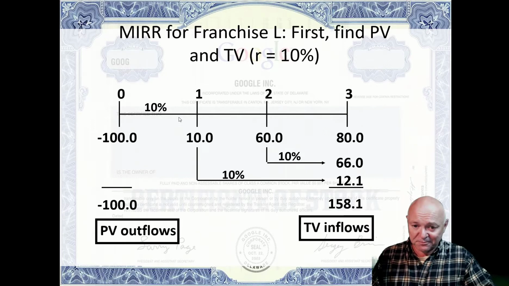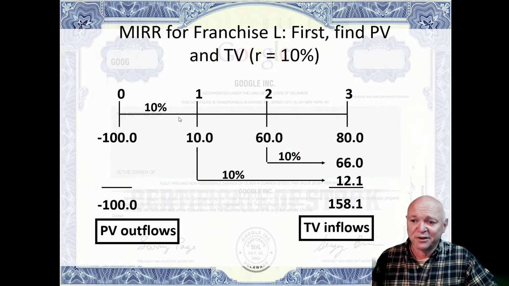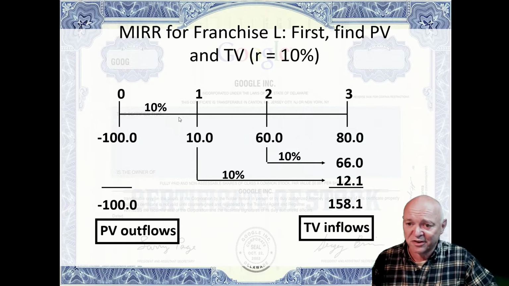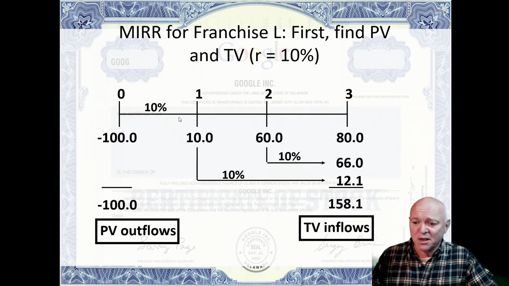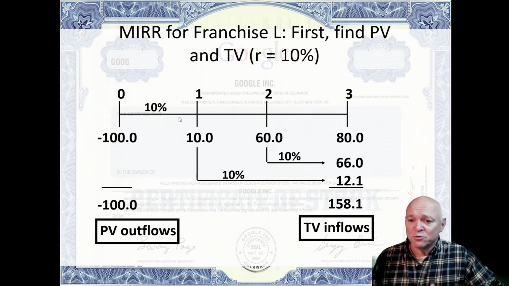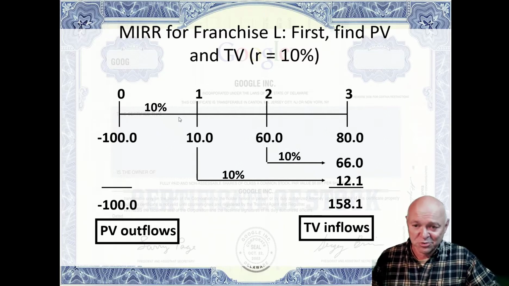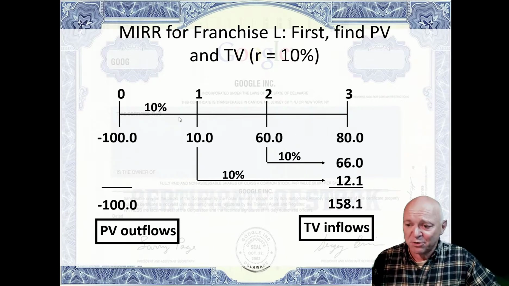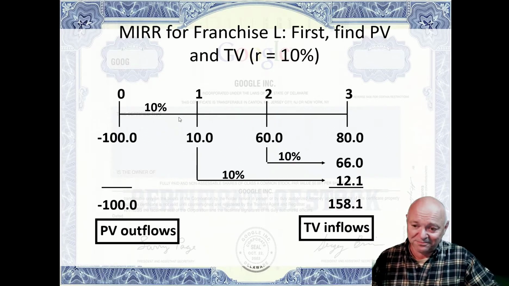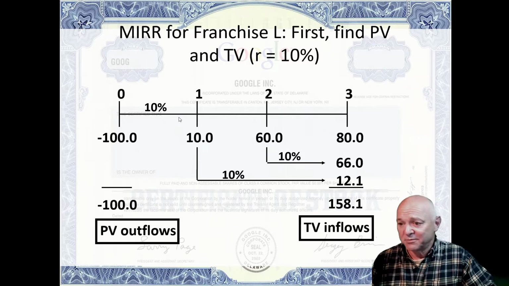If we had a reinvestment rate of 10%, or a weighted average cost of capital of 10%, we'd find the future value of our cash flows. So 10 million times 1.10 to the second power would give us 12.1. 60 million times 1.1 would be 66 million, and $80 million in 3 years' time would give us a future value of $80 million.